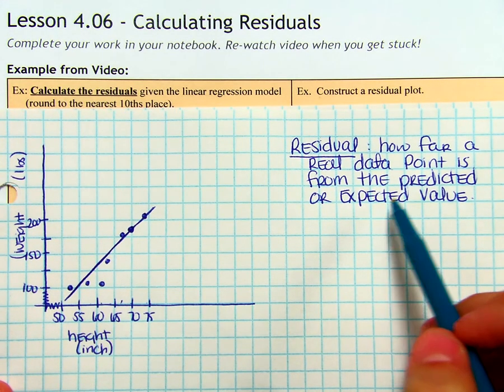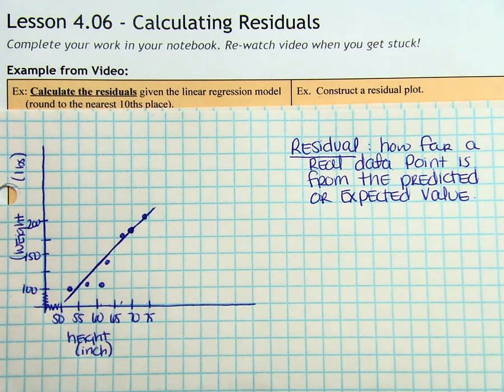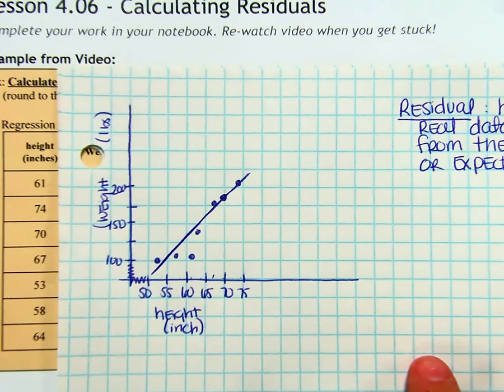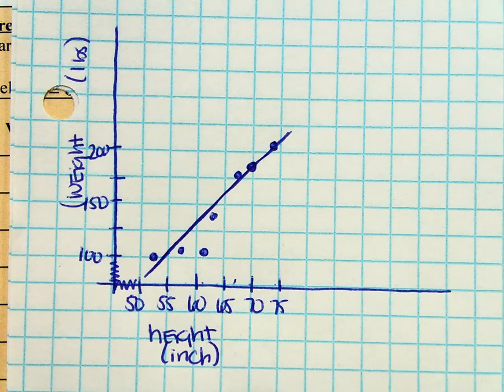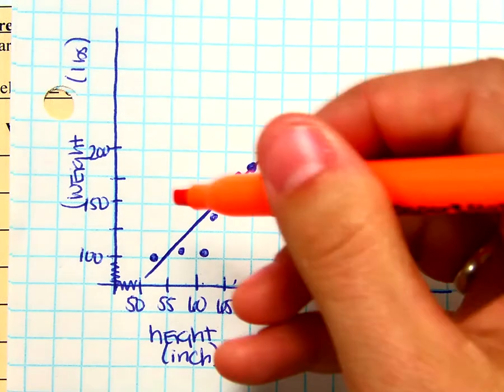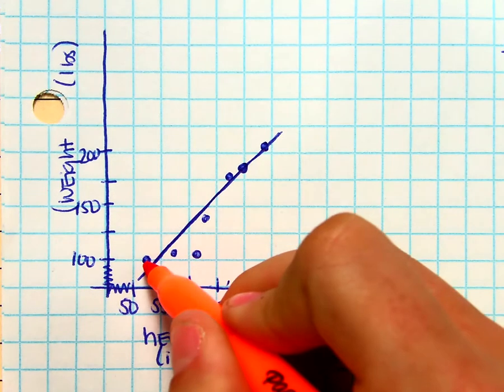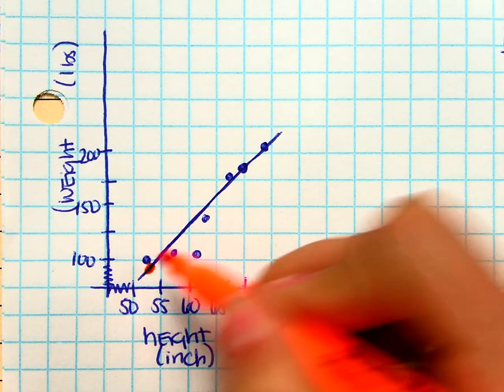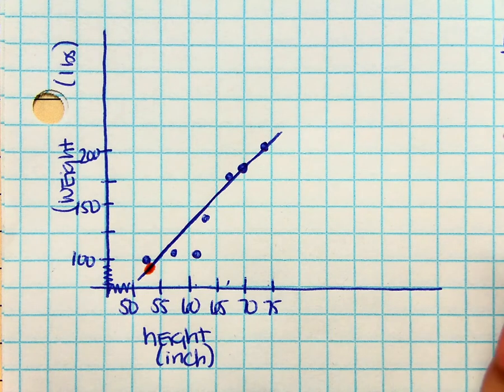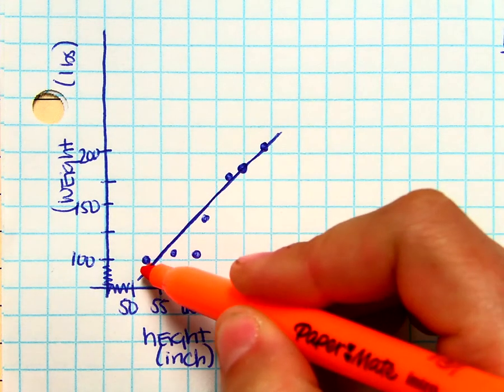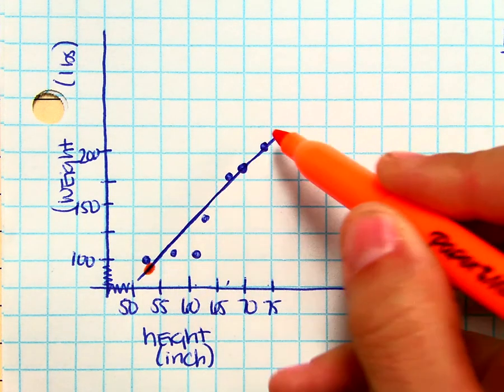Okay, so what does that look like graphically? Here we have a graph, and the line, the regression model, tells us about a predicted value, so what we expect to get given the trend of the data.